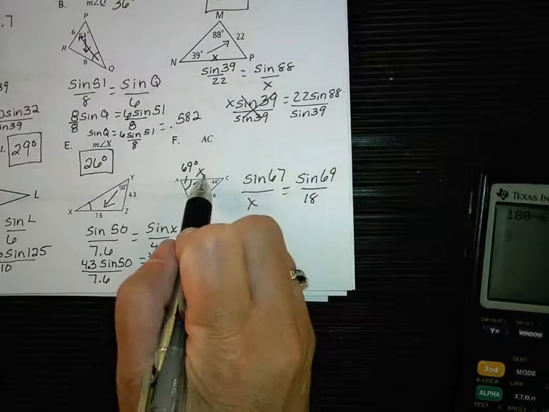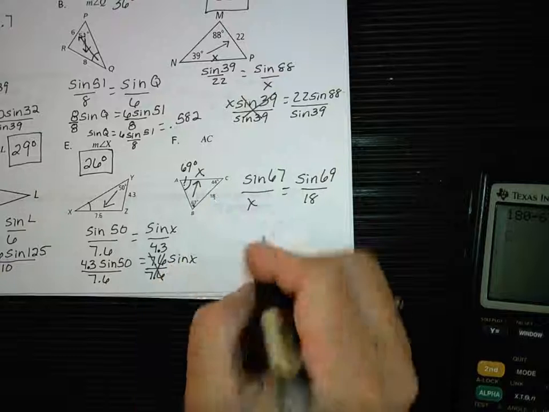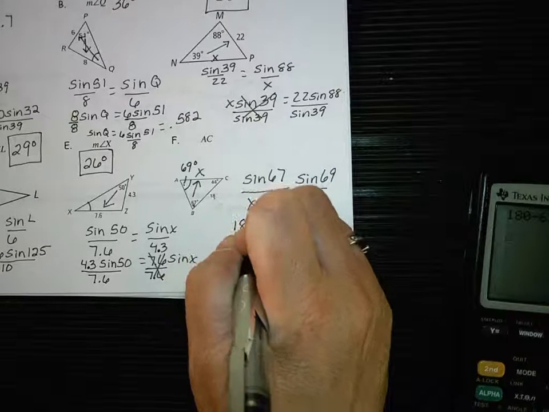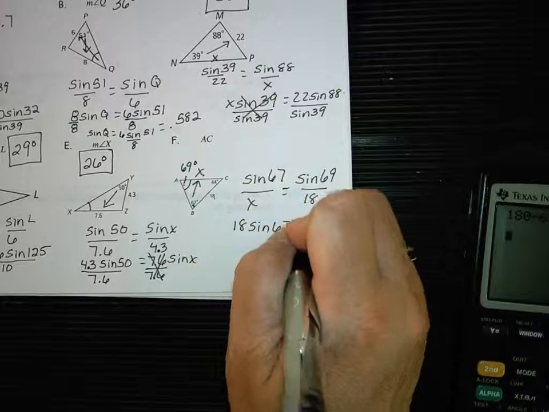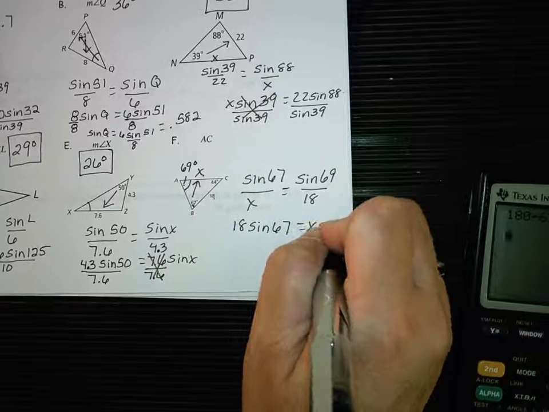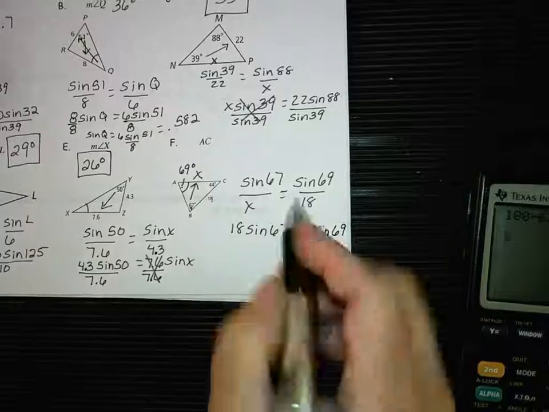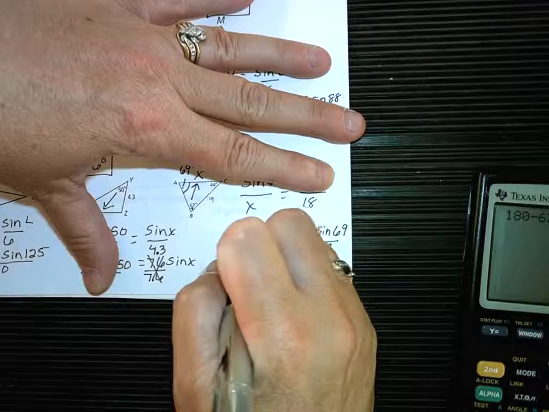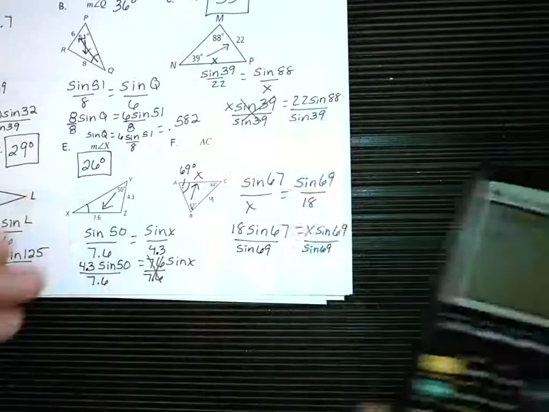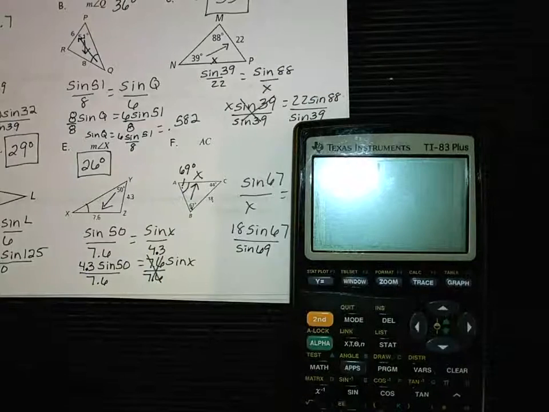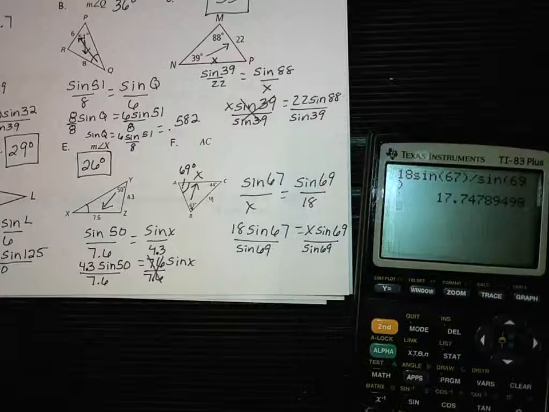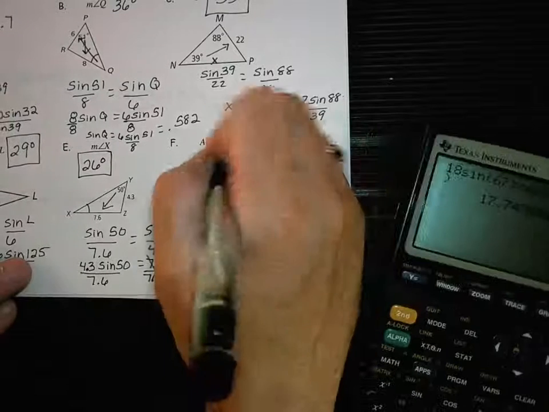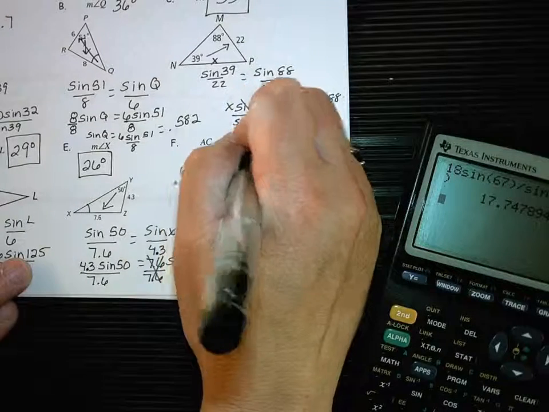Sine over the side, sine over the side. And then cross multiplying, 18 sine of 67 equals x times the sine of 69. Dividing both sides by the sine of 69, we have 18 sine of 67 divided by the sine of 69, and that equals 17.74. I'll call it 17.7.